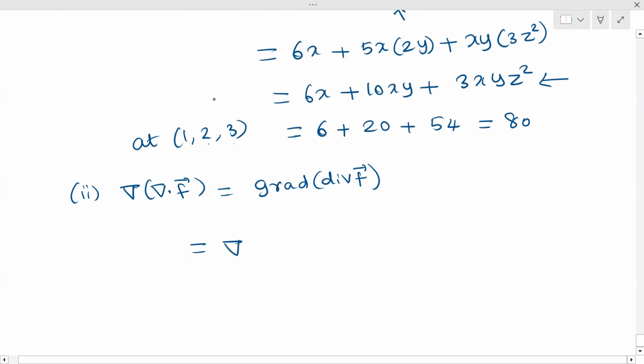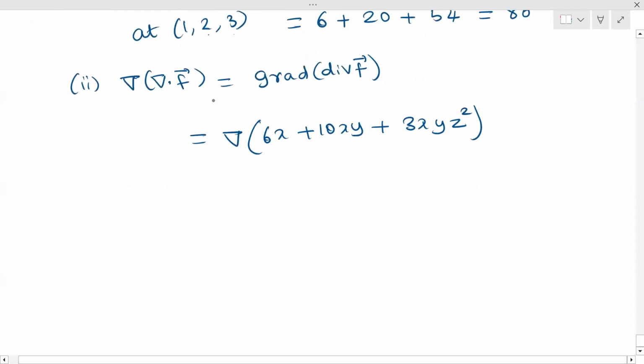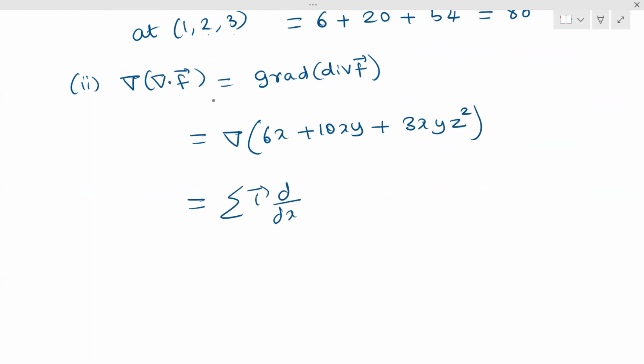So write del of divergence f as 6x plus 10xy plus 3xyz square. How to find a gradient? It is the summation of i vector into dou by dou x, dou by dou x of 6x plus 10xy plus 3xyz square.